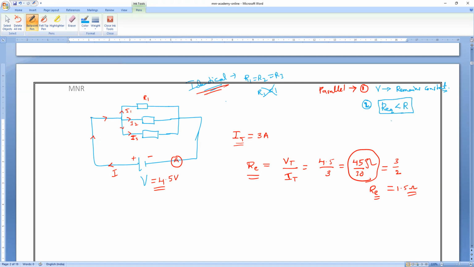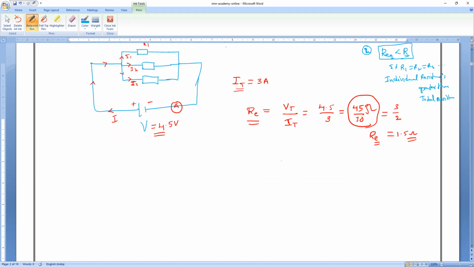If R1 equals R2 equals R3 and so on, the individual resistance is greater than the total or effective resistance. Is it right? All of you know that. Am I right or wrong? Please respond, everybody. Yes, sir.